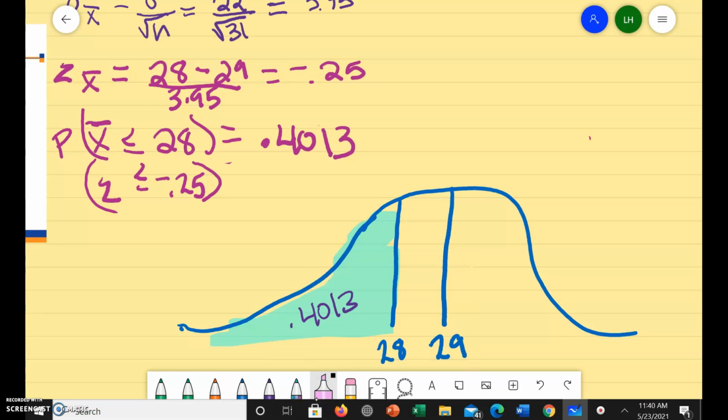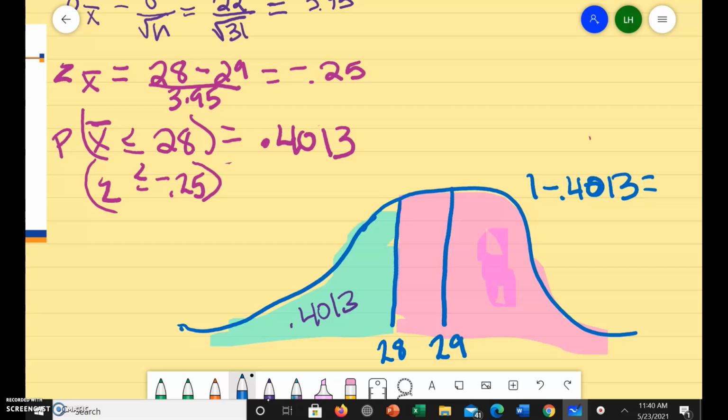And the rule is, if you want the greater than side, the table is always going to give you the less than or equal to side. So if I want the probability of the greater than side, I know that the total probability is 1. So I'm going to take 1 and subtract out the side I don't want, and that will give me the side that I want.